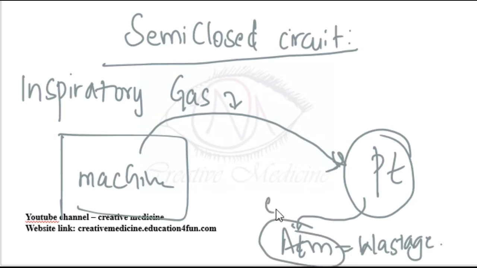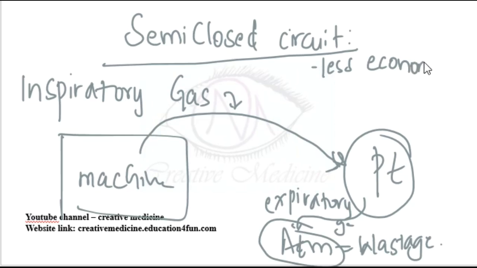So this is less economical, right? Because we are losing some amount of gases which can be reused again. So there is wastage of gases, so it is less economical. And because these gases are released into the atmosphere, there is an increased chance of operation theater or atmospheric pollution. The gases which we give are anesthetic gases. We do not give oxygen 100%.